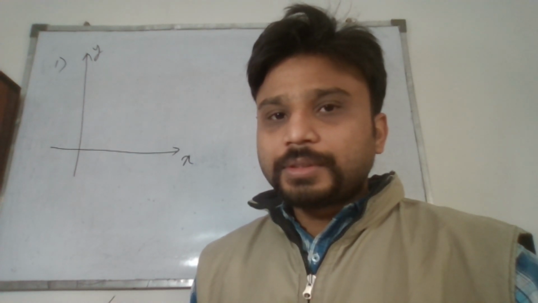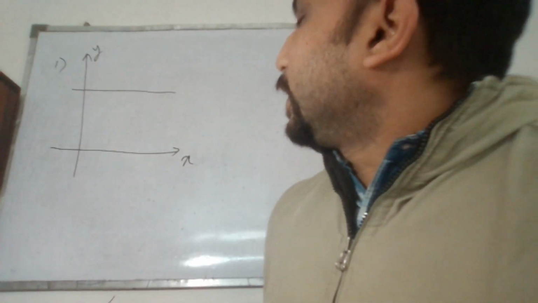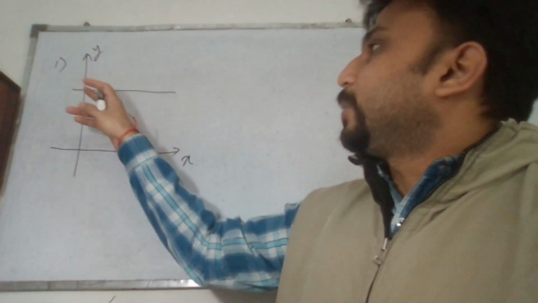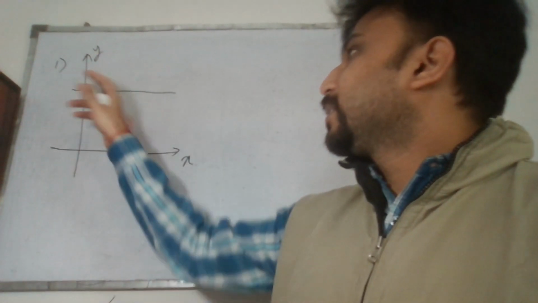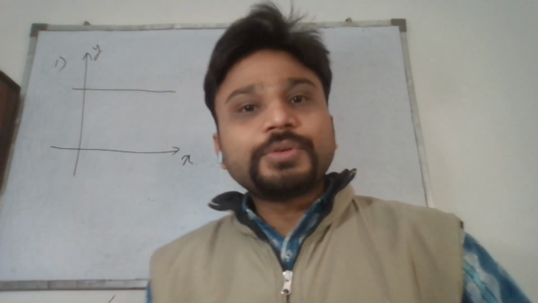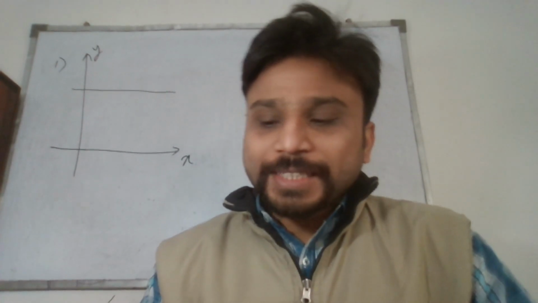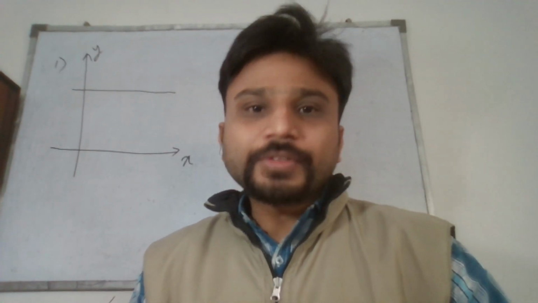Now if this is a constant curve, a line parallel to the x-axis, recall what differentiation did: differentiation basically said that we are finding the slope of the tangent.